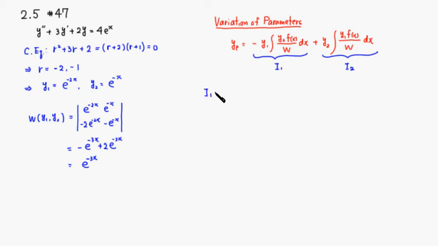I1 is negative y1, which is e to the -2x, times the integral of y2, which is e to the -x, times f of x, the right-hand side, which is 4 e to the x, divided by the Wronskian, which we just found is e to the -3x, dx.